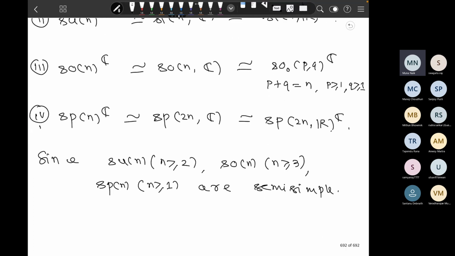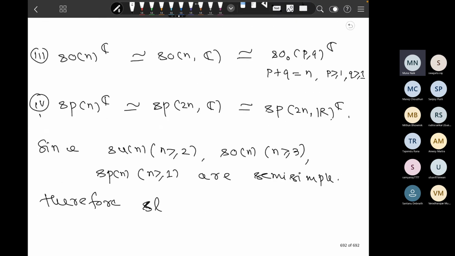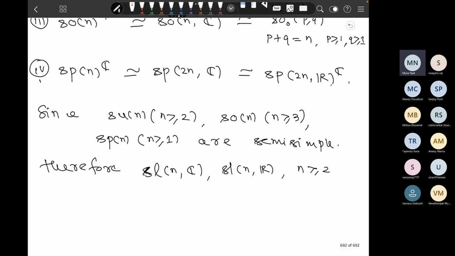So then, therefore, this SLNC, this SLNR, you have to take these things for n greater than or equal to 2, and this SONC, so SO(p,q).